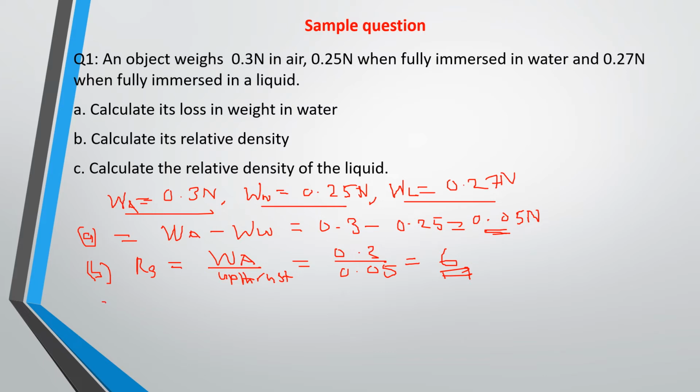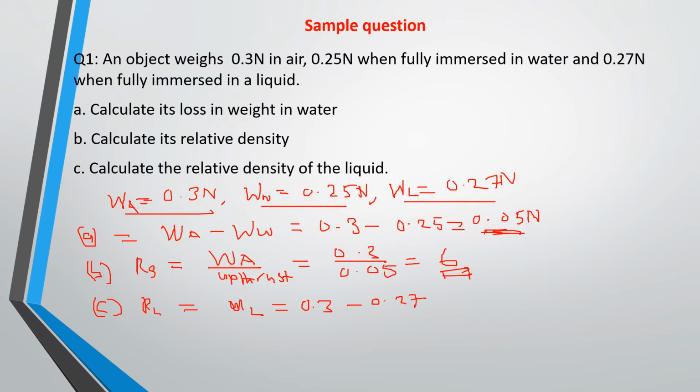Then C says calculate the relative density of the liquid. The relative density of the liquid is equal to upthrust in liquid all over upthrust in water. The upthrust in water is what we have already calculated. So upthrust in liquid, first of all find that one. Upthrust in liquid is equal to weight in air, 0.3, minus 0.27.